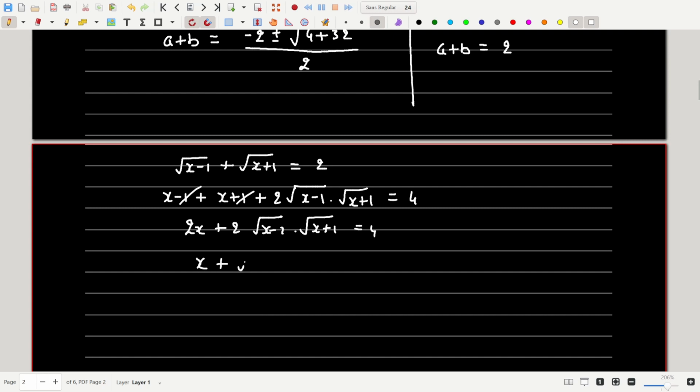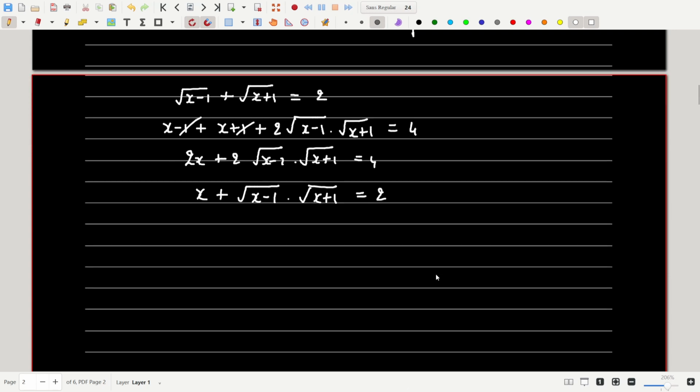So x plus under root x minus 1 into x plus 1 is equal to 2. I had problem understanding my handwriting. Now let's bring x to the left hand side and take this term to the right hand side. We'll get 2 minus x is equal to under root of x minus 1 into x plus 1.